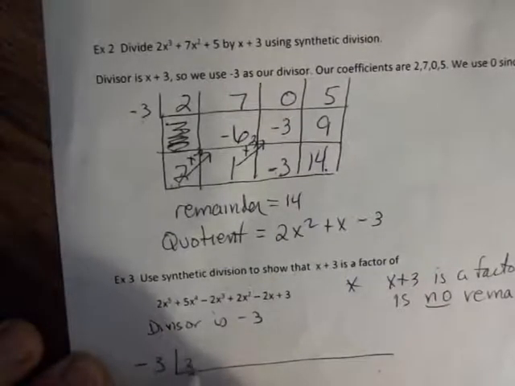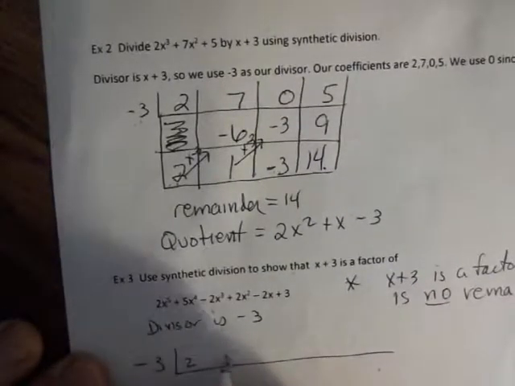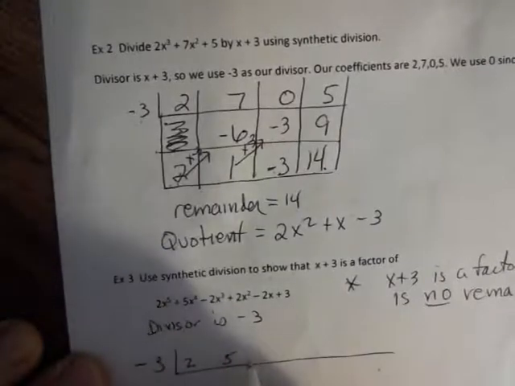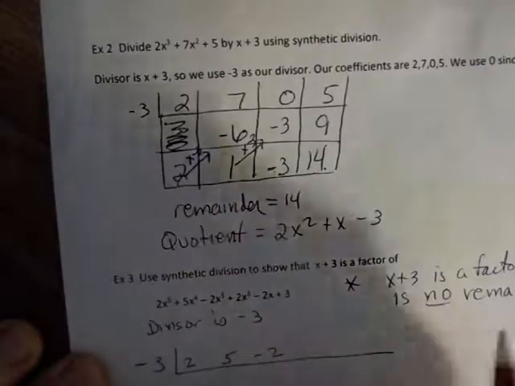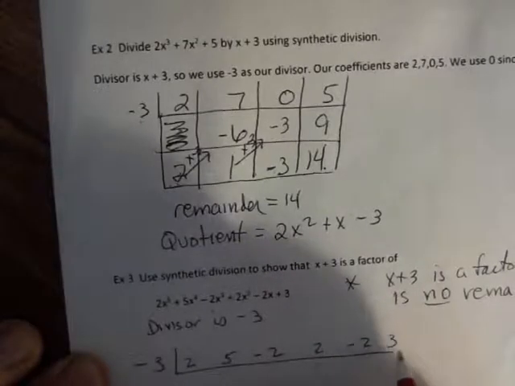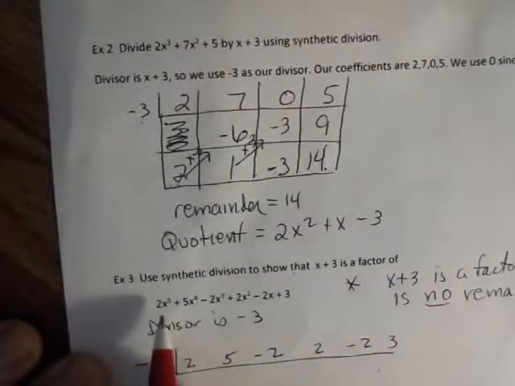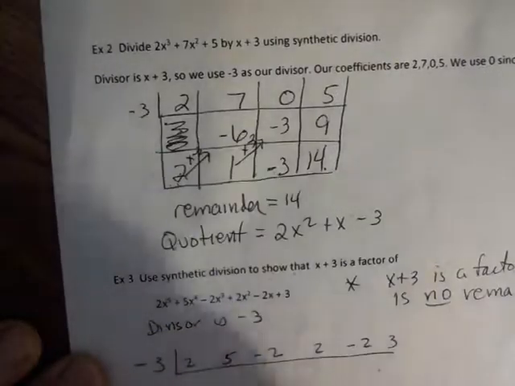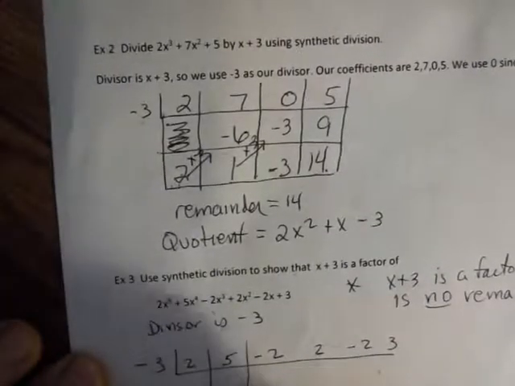My coefficients are 2, 5, negative 2, positive 2, negative 2, and 3. I'm not missing any powers of x, so I don't need any zeros.